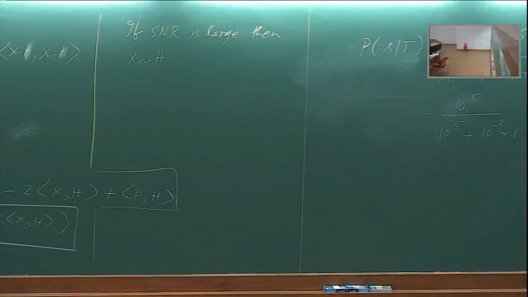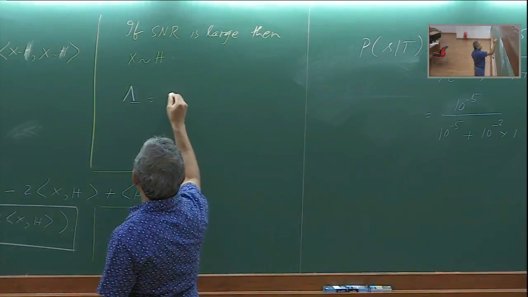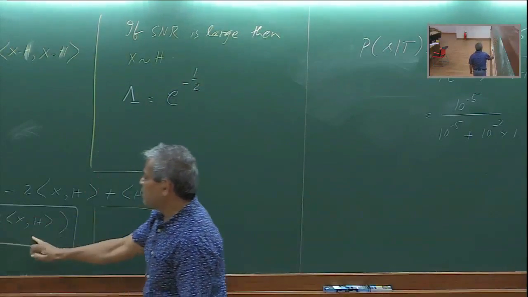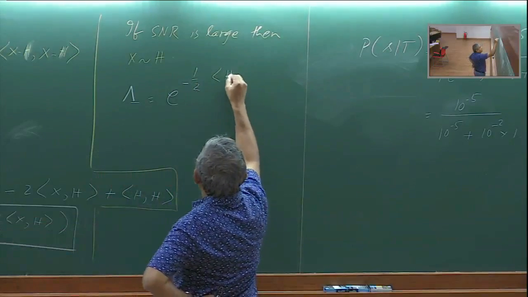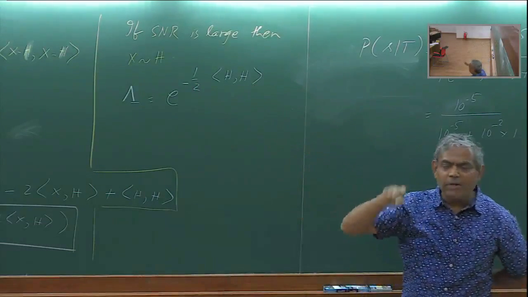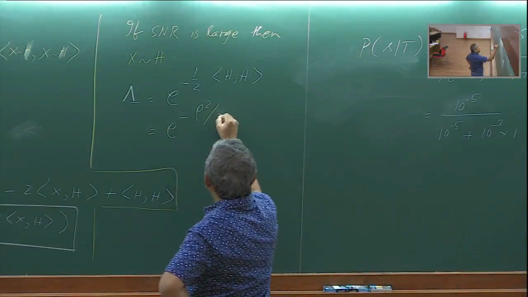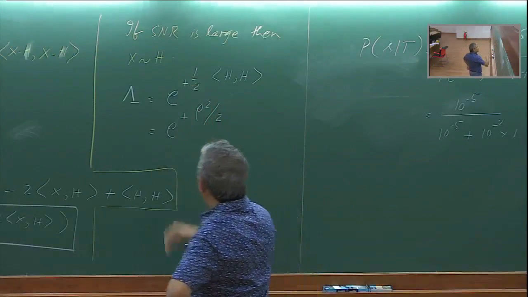I'm just trying to compute what is the best you can do for lambda. Then the 2 and 1 combine, so it is just half of (h, h), but this (h, h) is rho squared, signal to noise ratio squared, so you have e to the plus rho squared upon 2. It should be plus, not minus.